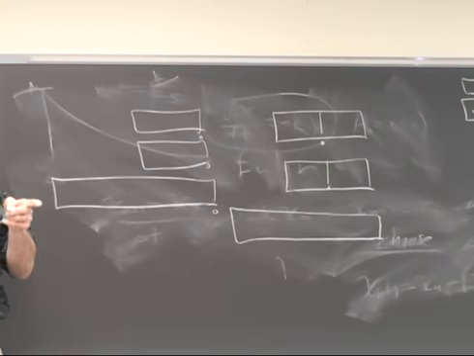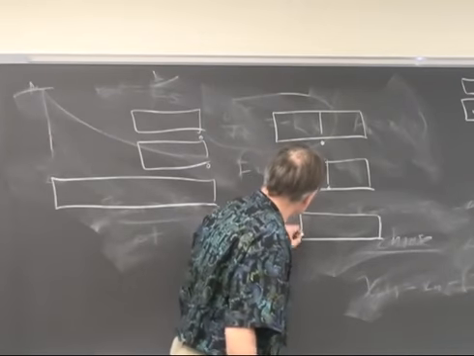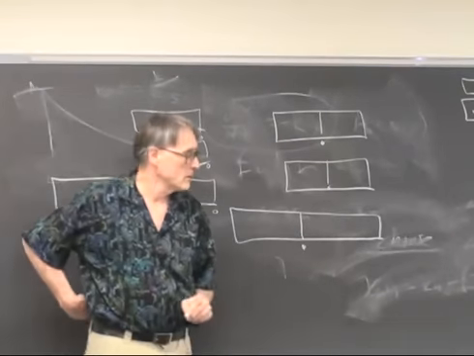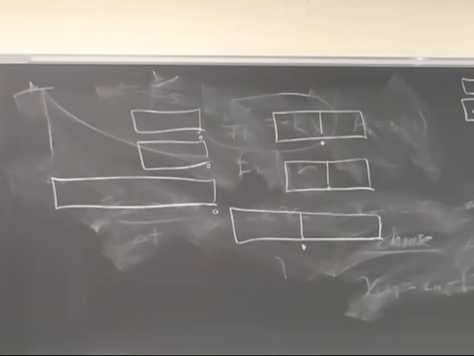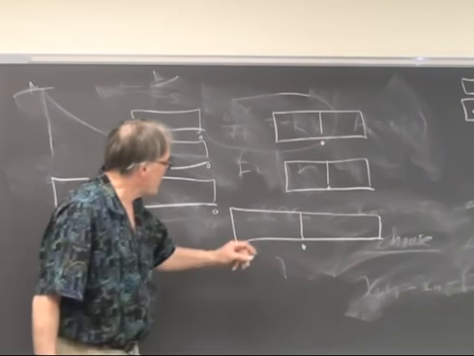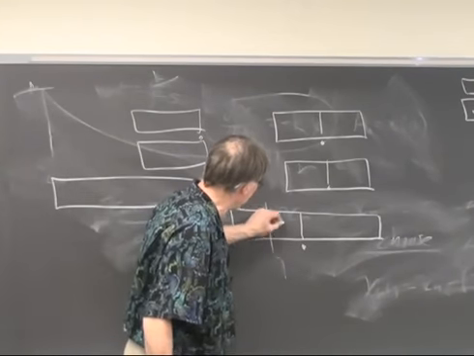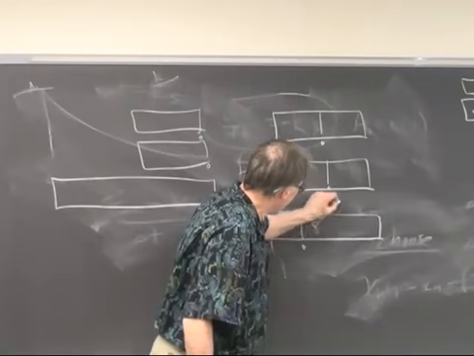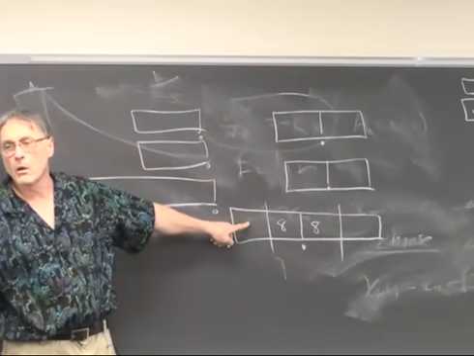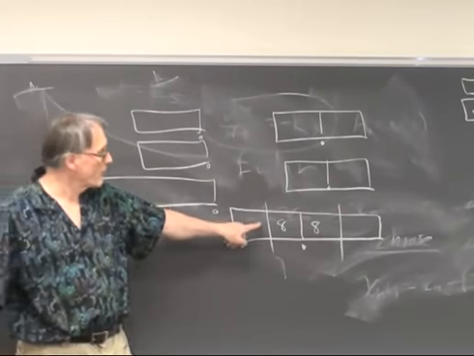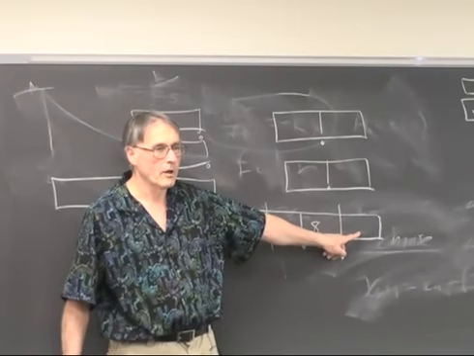It's at 16. So what do we do? Well, that means out of the result we need to take this byte and this byte, throw away the overflow, and throw away the underflow.